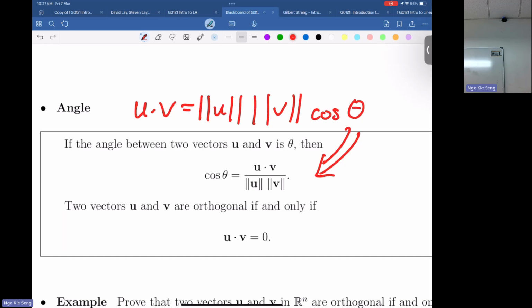What happens if you take different vectors together? It's another number, but what number is that? There's a relation between the length of u, the length of v, and their angle. Three pieces of information live inside this dot product: length of u, length of v, and the cos of the angle.